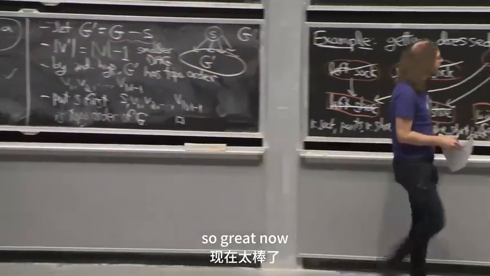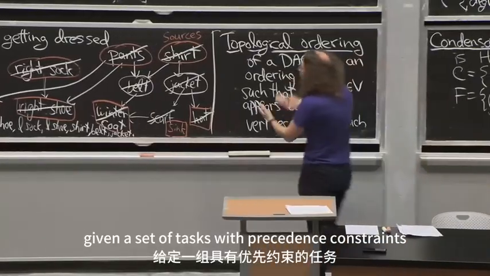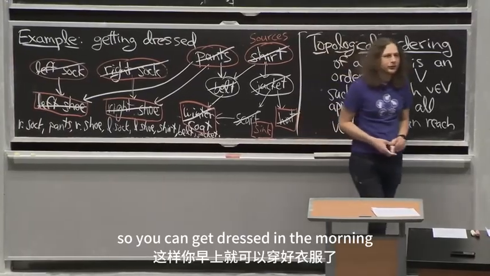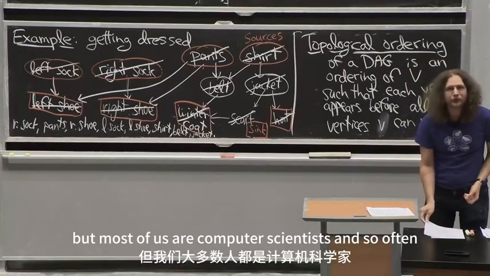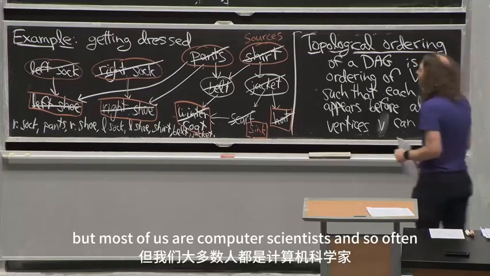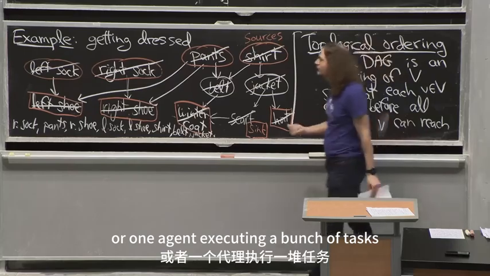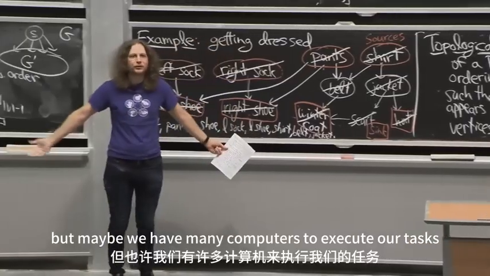So great. Now, given a set of tasks with precedence constraints, you can find a valid ordering. So you can get dressed in the morning. But most of us are computer scientists, and so often we're not just one computer or one agent executing a bunch of tasks, but maybe we have many computers to execute our tasks.